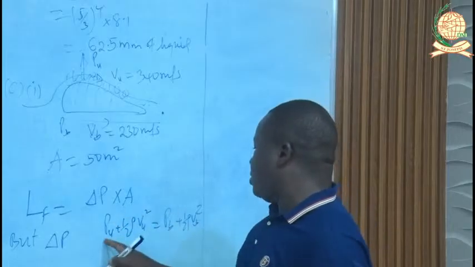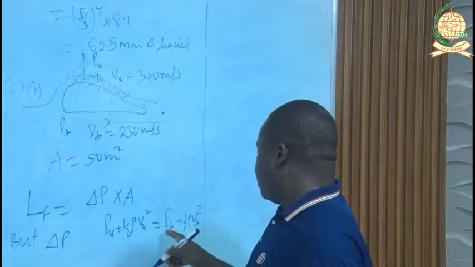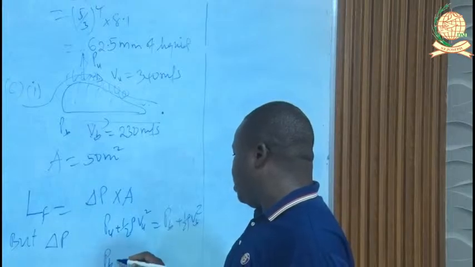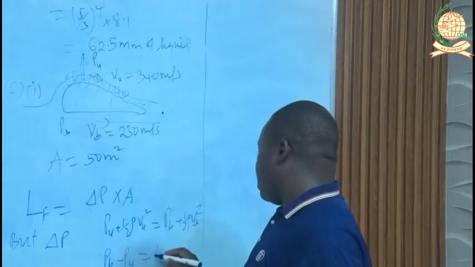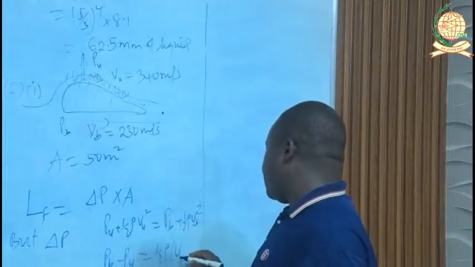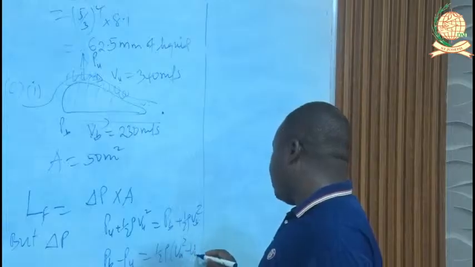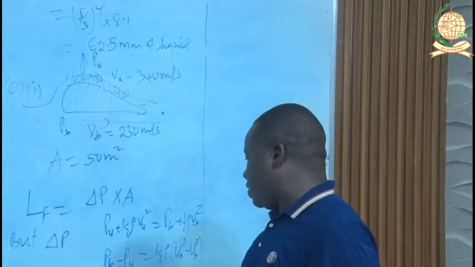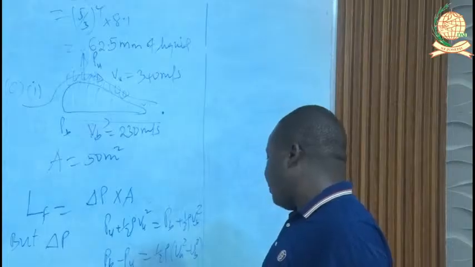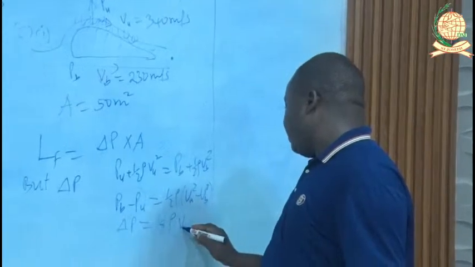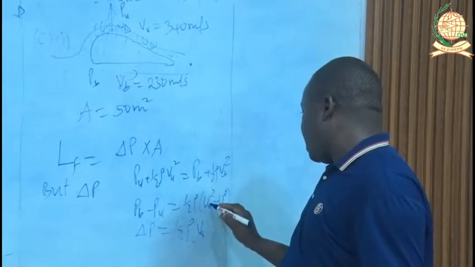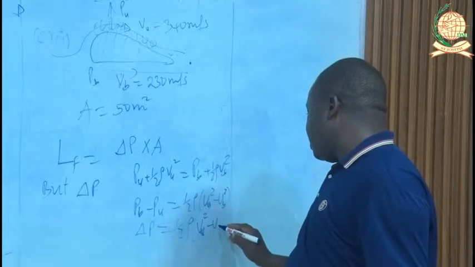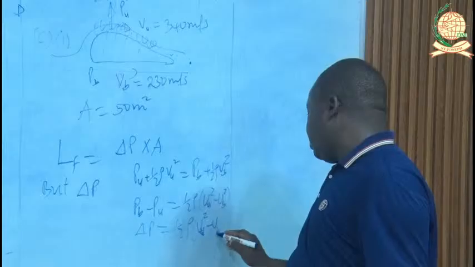If you separate, this goes to this side and this one goes to that side, you have P below minus P upper equals a half rho bracket velocity upper squared minus velocity below squared. This is the change in pressure.